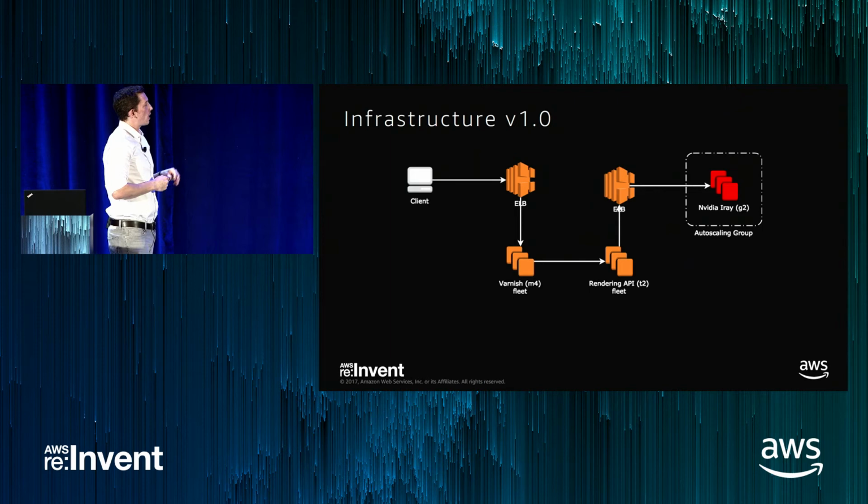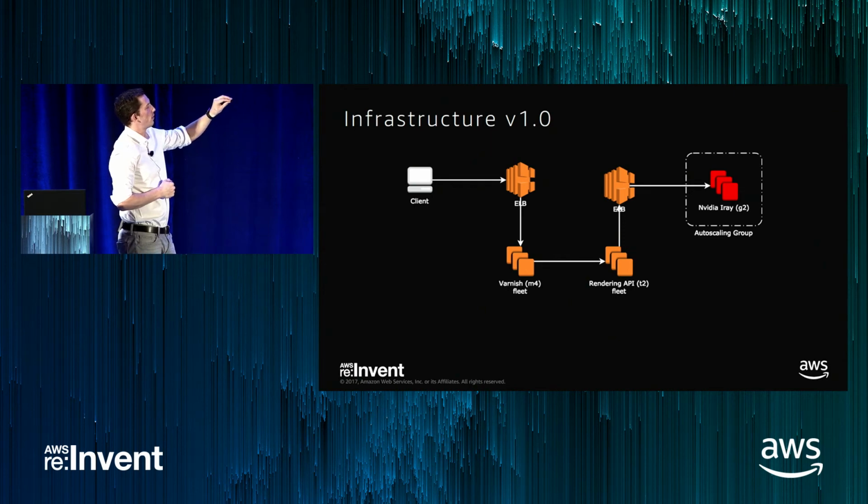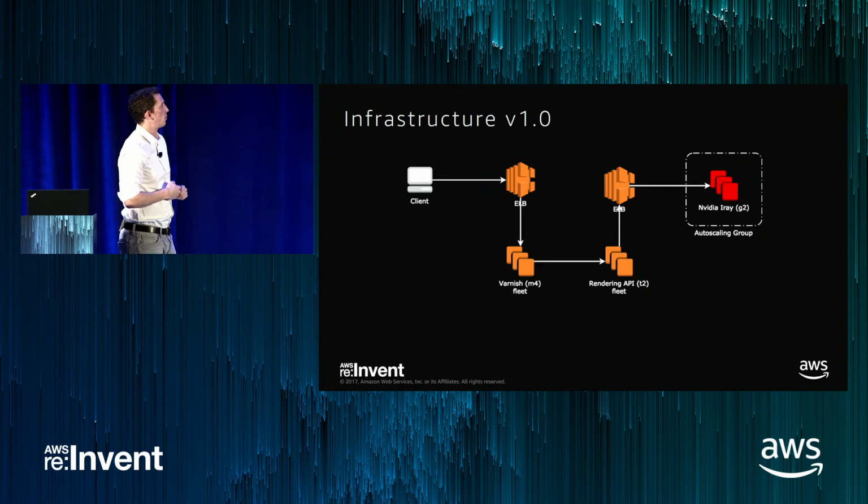So this is how our rendering flow looked at the very beginning. We had an ELB in front of Varnish. We were using Varnish as a layer 7 router. It was also caching our images in memory, and there was a service running on it to do service discovery and, depending on the type of the URL, dispatching the different requests.